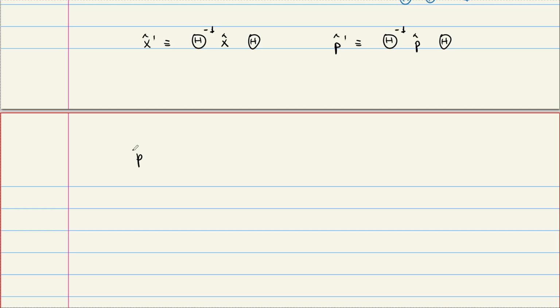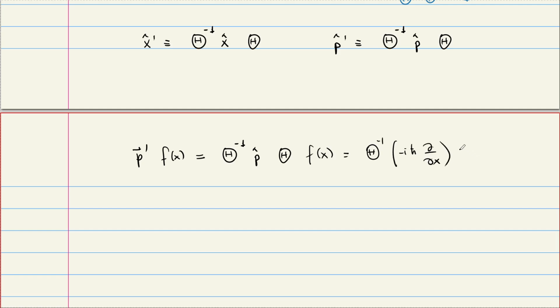Let's hit with P prime on some test function f of x. This is acting on test function f of x. Theta hitting on f is going to be complex conjugation. So this is theta minus, and P is minus i h bar del del x, f star of x.